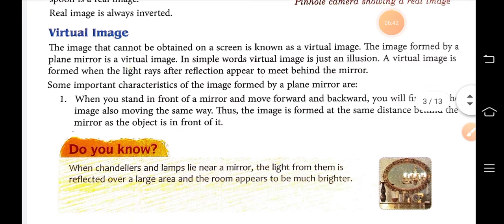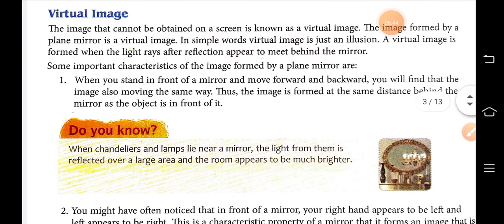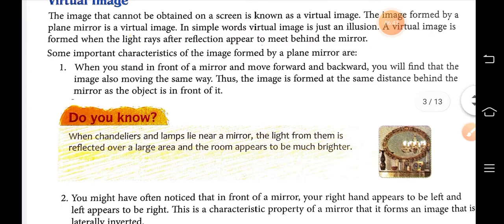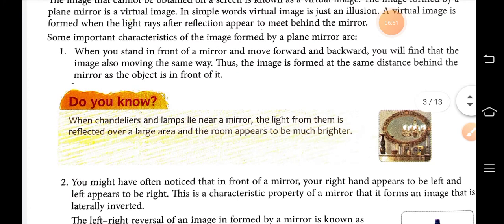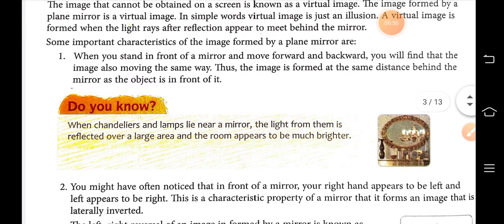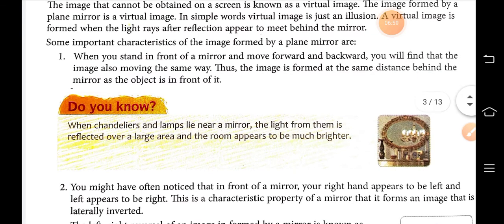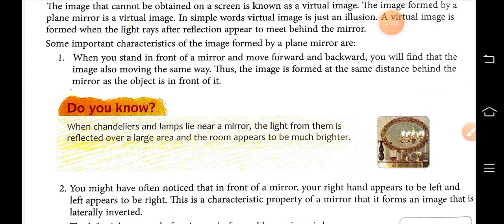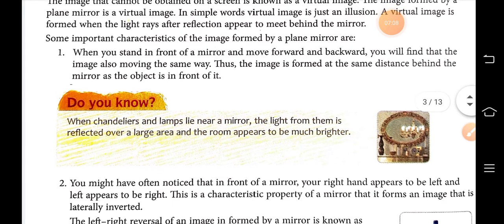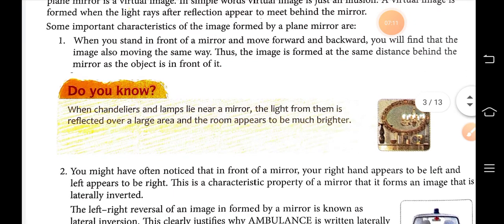So, some important characteristics of the image formed by a plane mirror are: first, the image forms behind the mirror. When we stand in front of a mirror and move forward and backward, we will find that the image also moves the same way. That means the image is forming at the same distance behind the mirror as the object is in front of it.